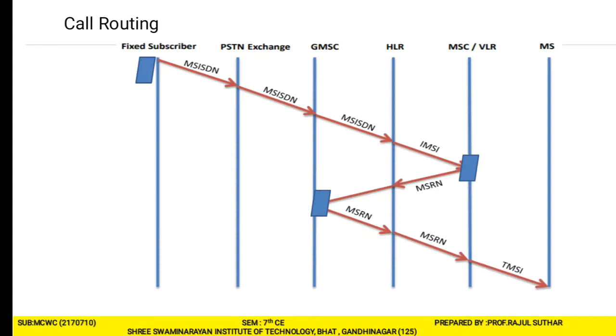The HLR typically only stores the address of the subscriber's current VLR. Therefore, the HLR needs to inquire with the VLR for the MSRN. The VLR allocates an MSRN from the associated pool to the call and creates a binding between the called subscriber's IMSI and the MSRN.